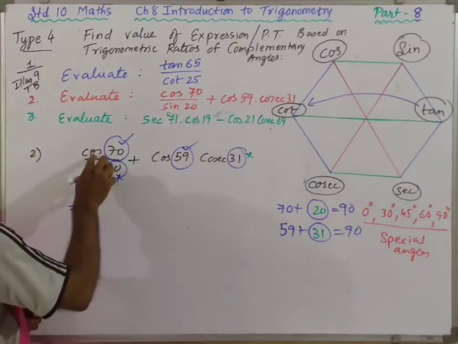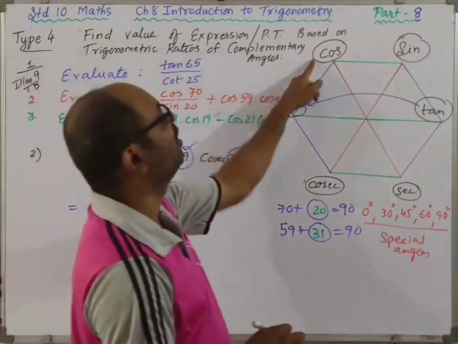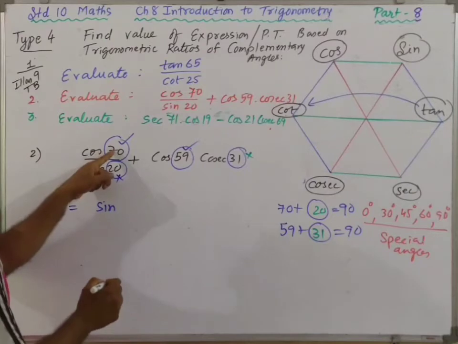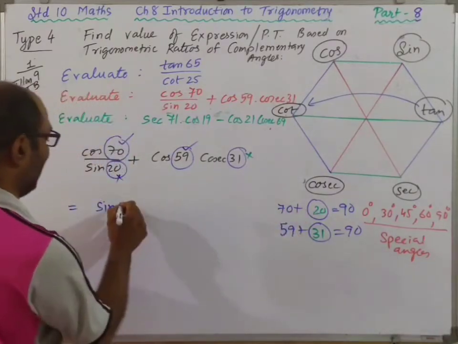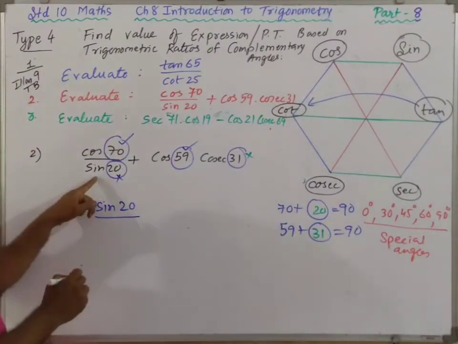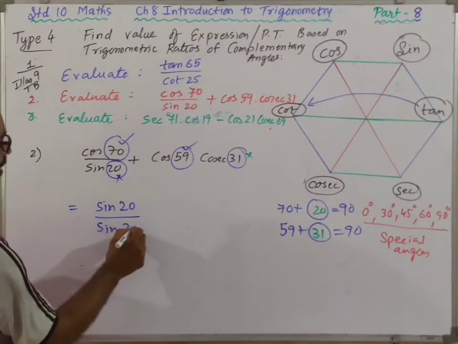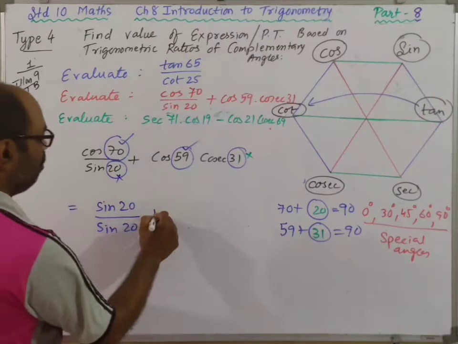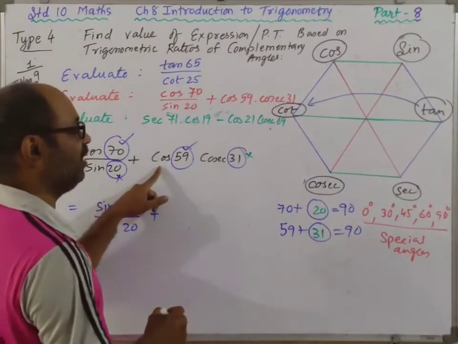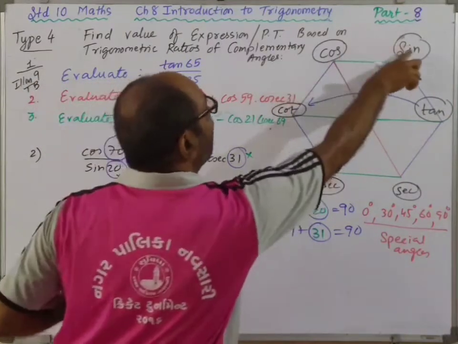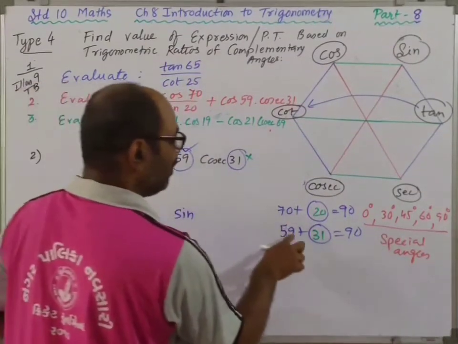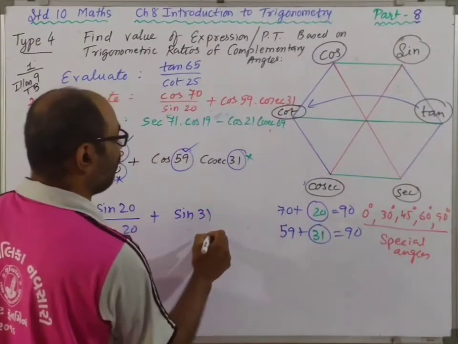This is equal to, yes, cos, the complementary is sine. So I am writing sine 90 minus 70, the complementary is 20. So I am writing sin 20 upon sin 20. I am not changing this. See how it works now. It cancels. That's why we are not changing. Plus, this we are going to change. Cos, again the complementary is sine, and 59, yes, the complementary is 31.